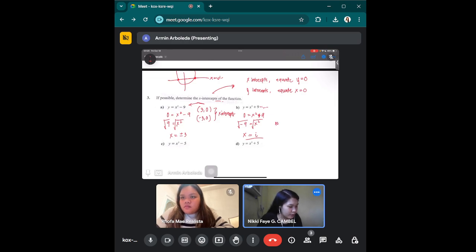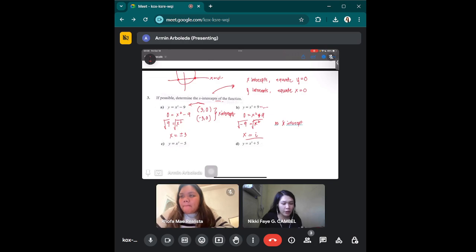Okay? No x-intercept. Wait, paano niyo po in-square yung 9 and yung x squared? Di ba po, pag nag-square root tayo ng x squared, makukuha lang po to. Yung sa 9 po, kasi negative po siya. Pag nag-square root ka ng any negative number, actually bawal kasi yan.